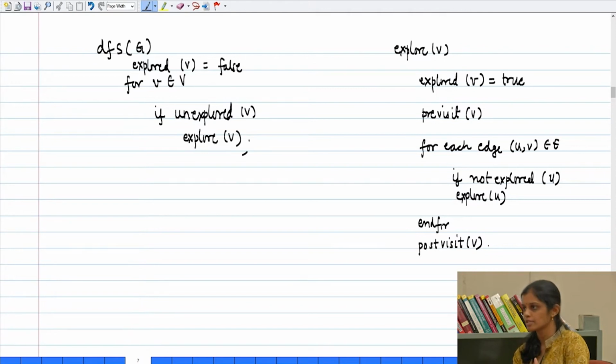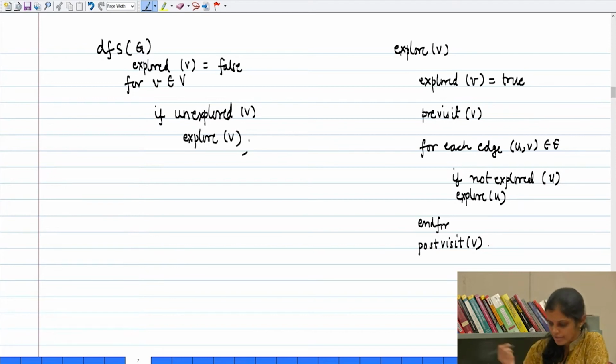It is again the same procedure. It will take that vertex V and give it another number, which we will call the post-visit number of that vertex, taking it from that counter and incrementing that counter. So every time you give a number to a vertex, that counter gets incremented. So in between, you are doing pre-visit numbers, then you give a post-visit number.